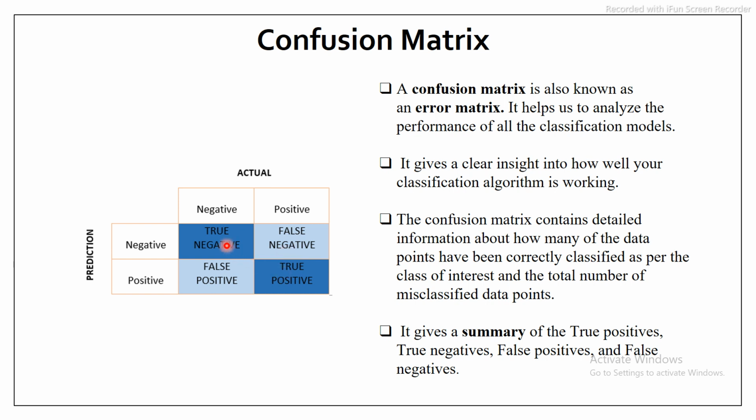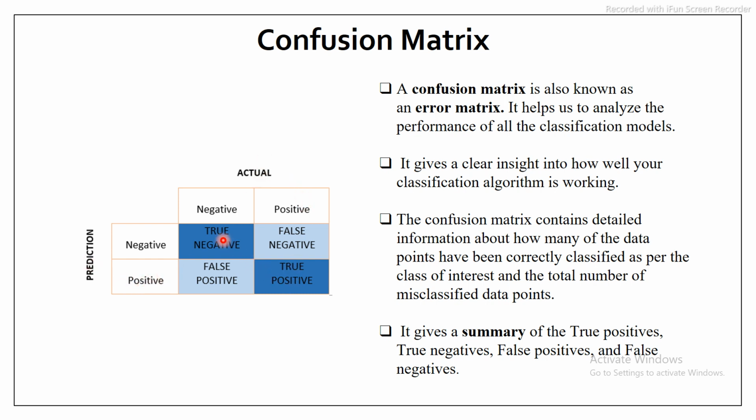You don't have to worry about the diagonal, the true negative and true positive. For example, the actual data point is negative and your model has predicted negative, so it is the same thing. Similarly, with positive and positive, your model has predicted positive and actually it was positive, so it's good.